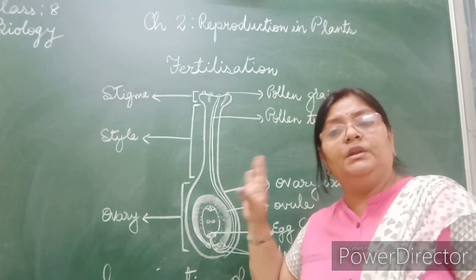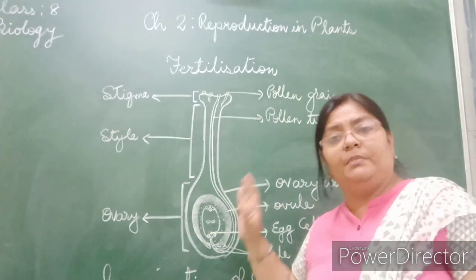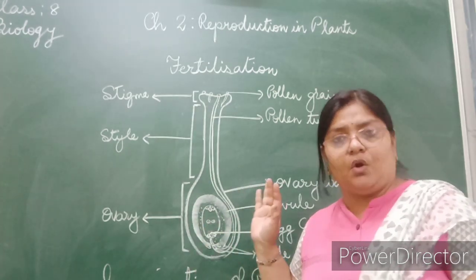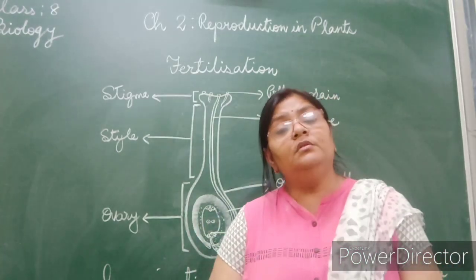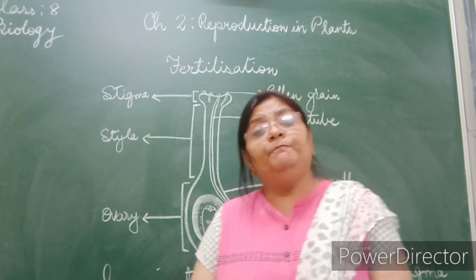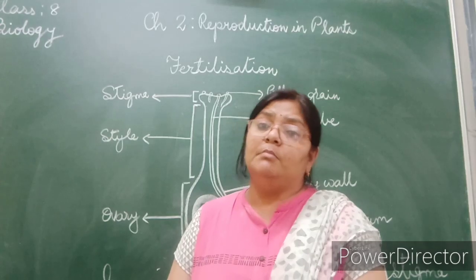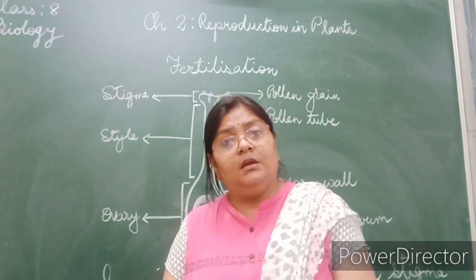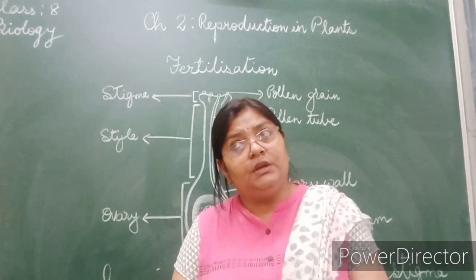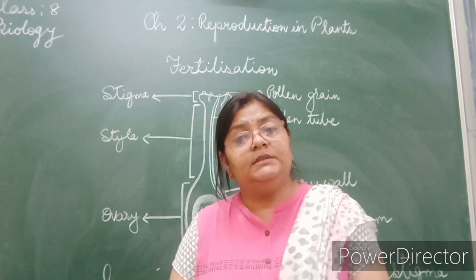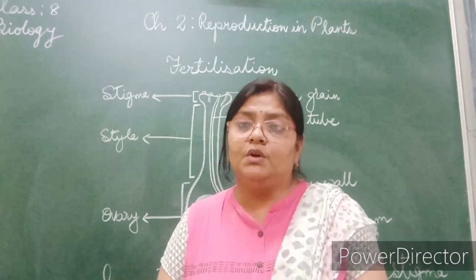The ovary only remains attached to the plant with the stalk. Only a single ovule may be fertilized to give rise to a single-seeded fruit, or multiple ovules may be fertilized to give a multi-seeded or many-seeded fruit.